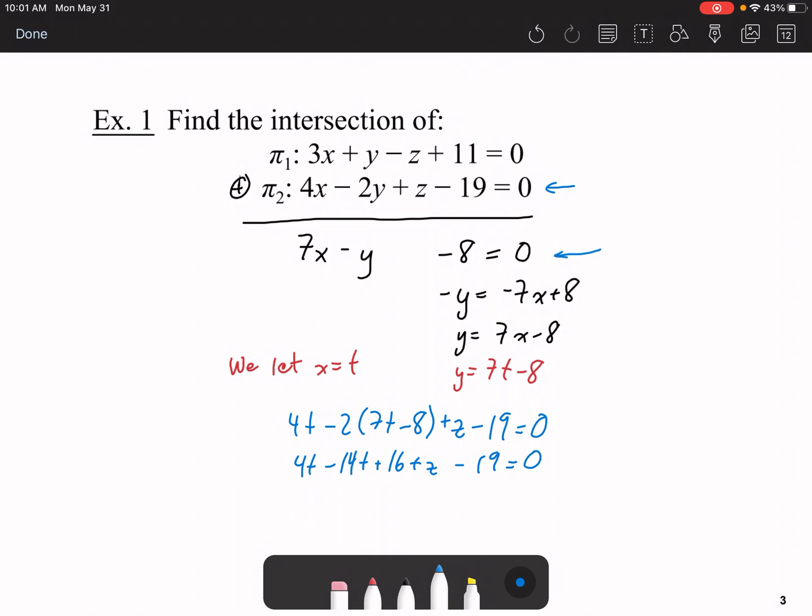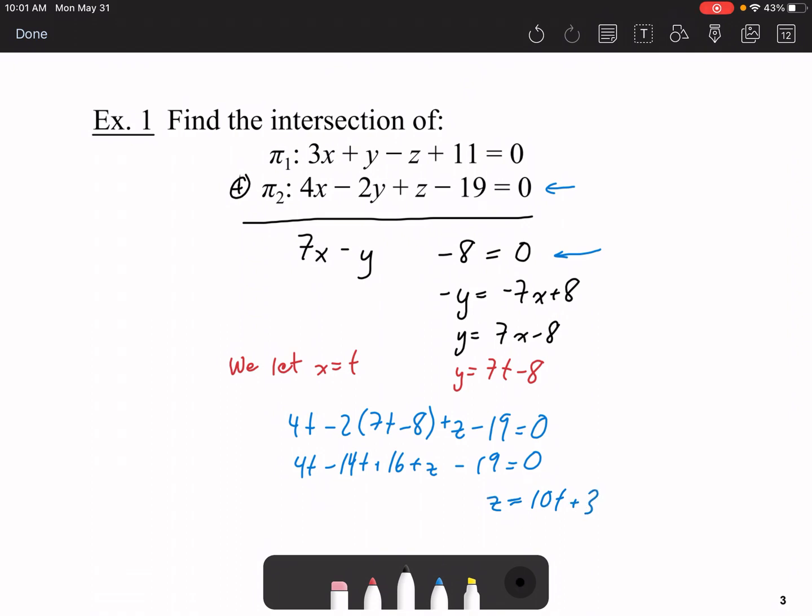So I'm going to continue to solve here. My apologies, I'm going to solve for z. So that would be positive 10t on this side, and minus 3 on that side, so plus 3.